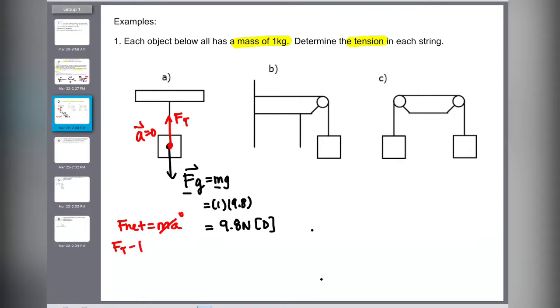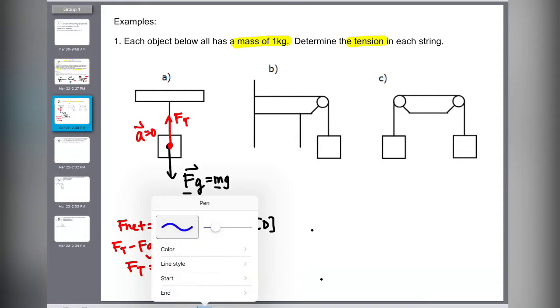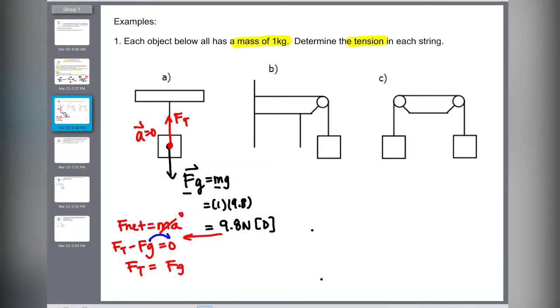Ft minus Fg equals 0. If I solve for Ft, I can rearrange. I know Fg is 9.8, right? So I know that Ft has to equal Fg. All I did is bring my Fg to the other side by adding. So Ft also is 9.8 Newton, but this time it is pointing in the direction of up.